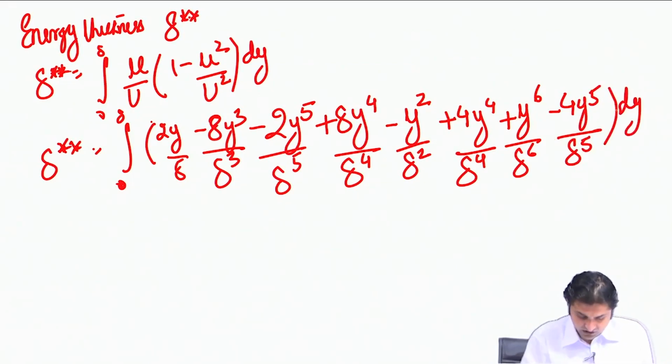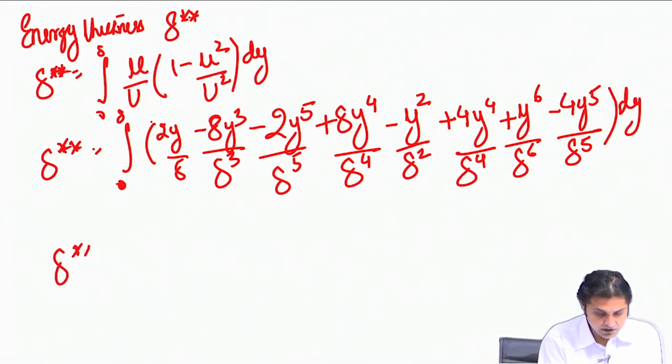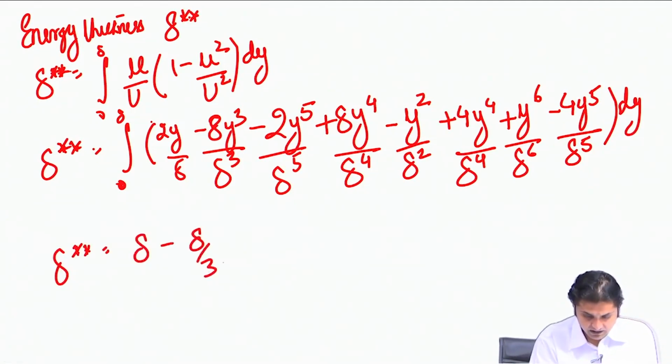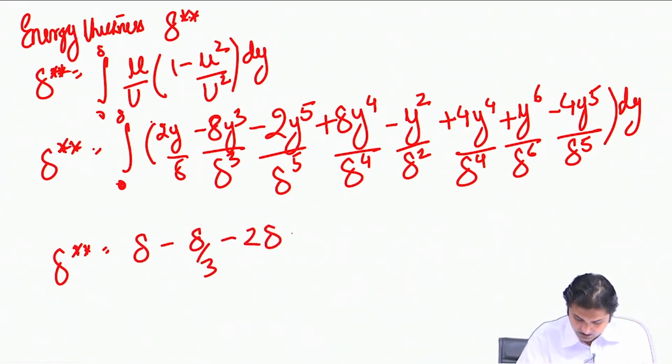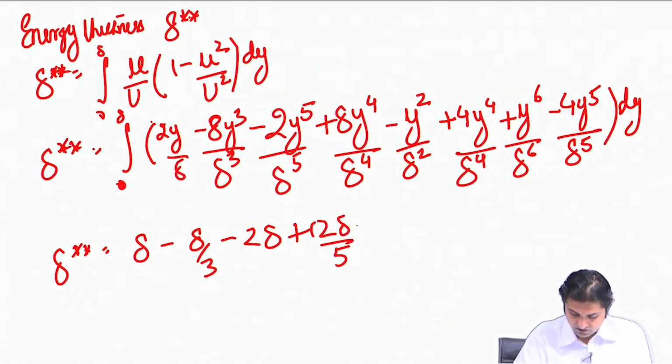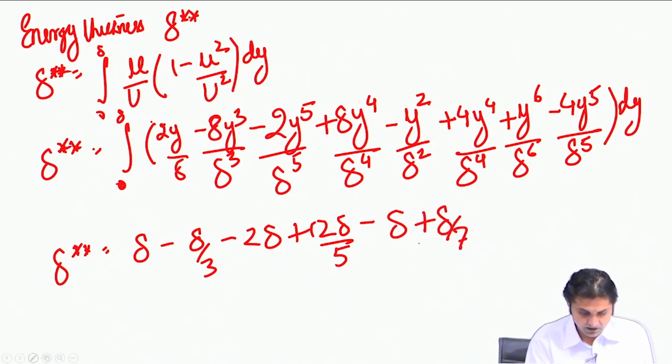And now on integrating and putting in the limits, what you are going to get is delta minus delta by 3 minus 2 delta plus 12 delta by 5 minus delta plus delta by 7.